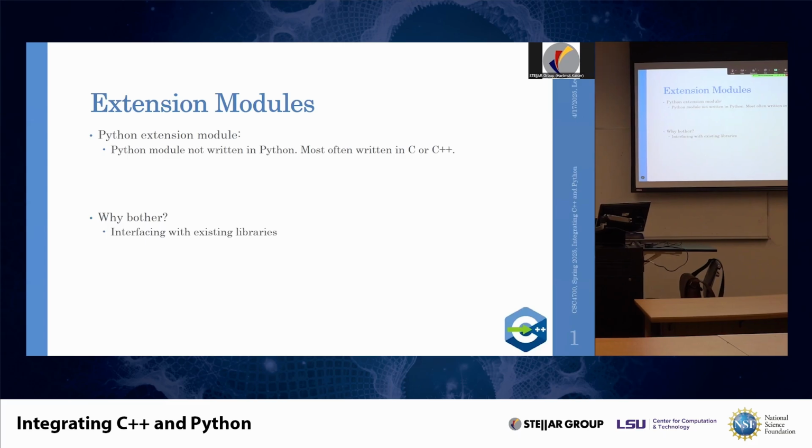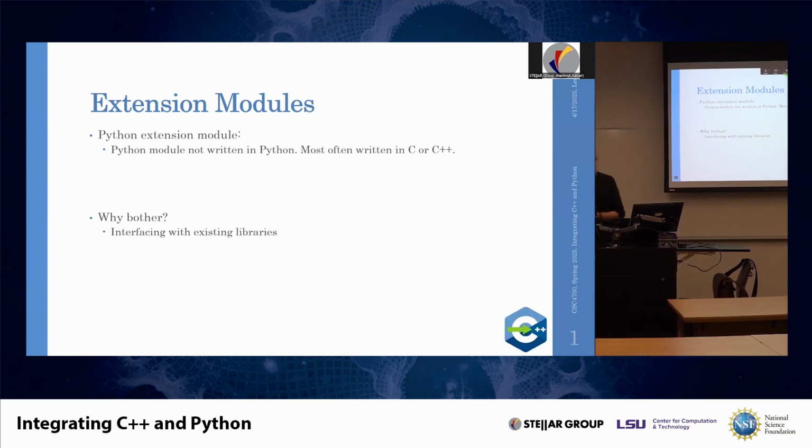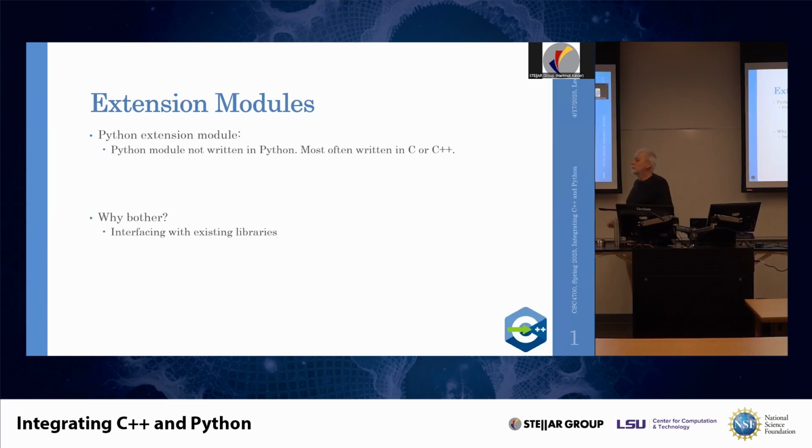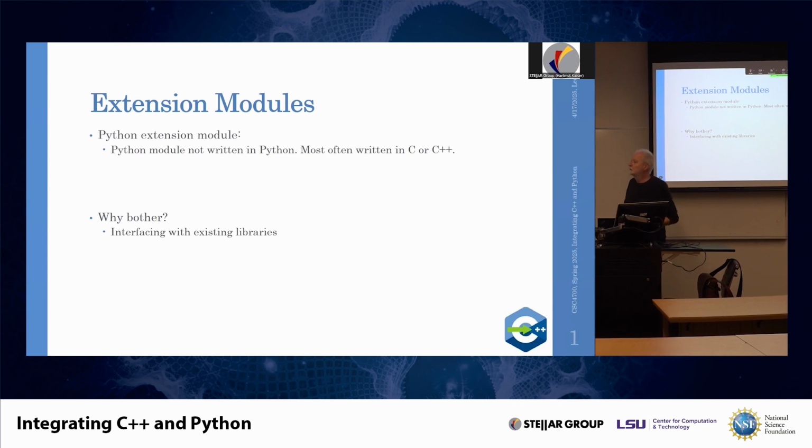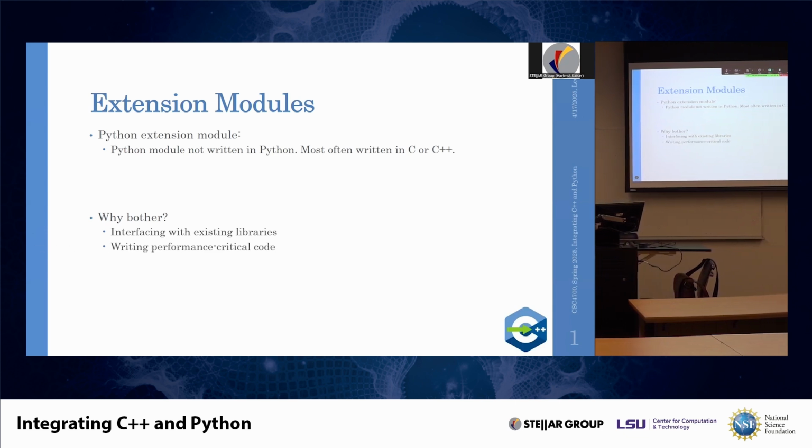So why do you want to do that? Well, you possibly want to interface with existing libraries. You have some C library, some C++ library that is there, you don't want to rewrite it, you just want to make it available in Python. You could replace performance critical code that you have in your Python program, just isolate that and replace it with a new module.